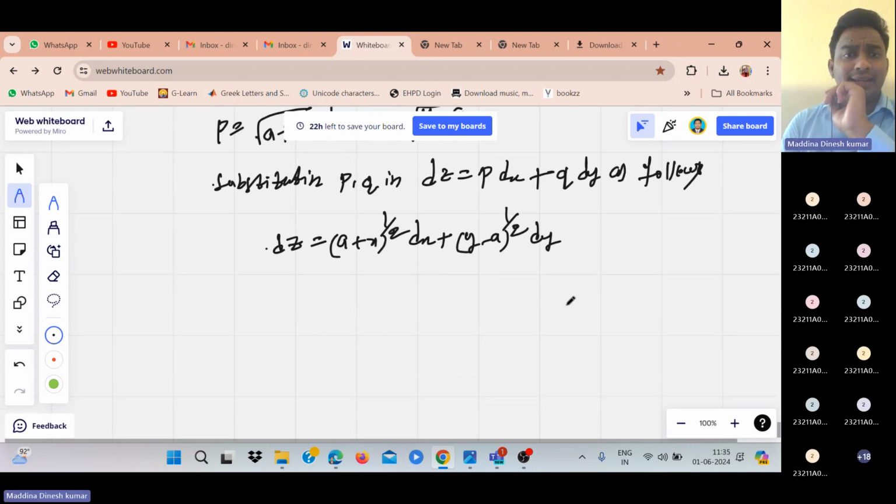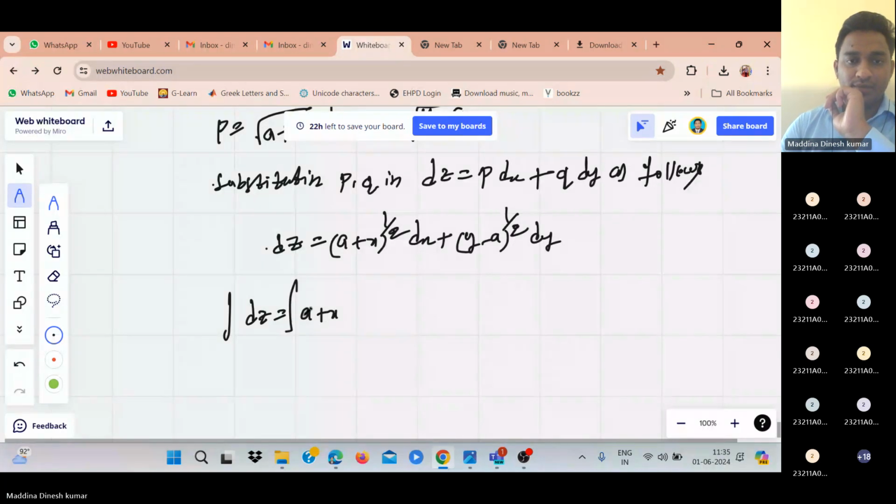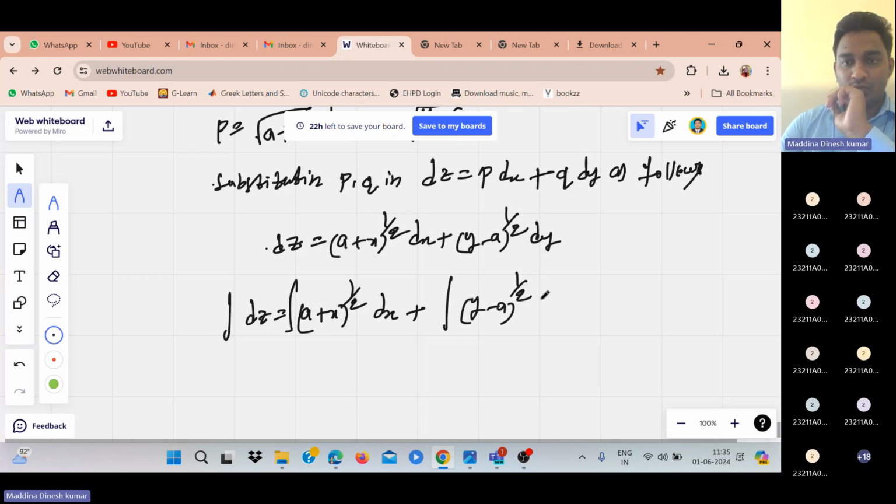Now applying integration, we will get integral dz equal to integral of a plus x whole power 1 by 2 dx plus integral of y minus a whole power 1 by 2 dy.